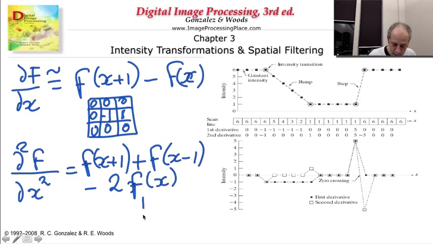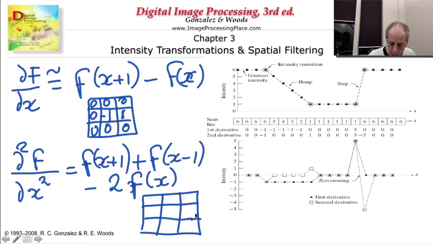And that's once again very simple to do with our ubiquitous 3 by 3. Now we have a minus 2 here, a 1 and a 1 on each one of the sides representing these two, and then we have 0 every place else.